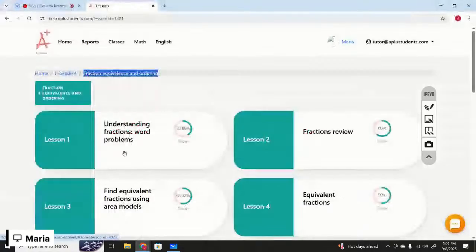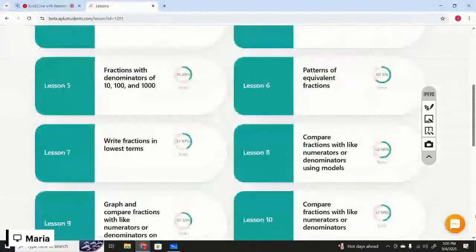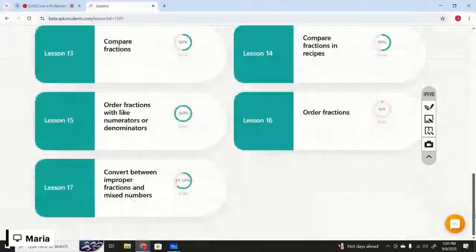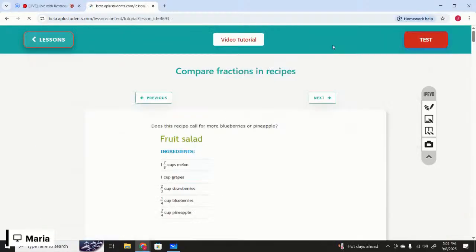So let's just start with the lesson, compare fractions in recipes.